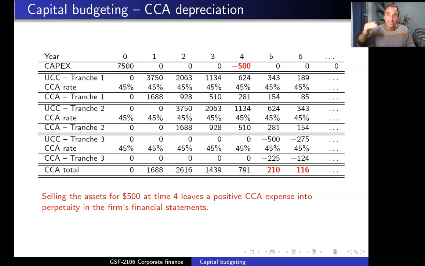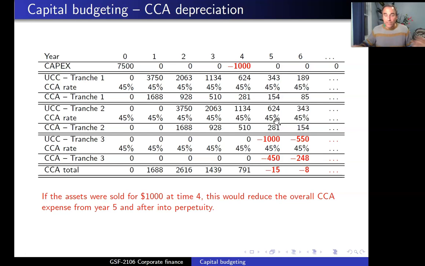$7,500 in assets will not continue to depreciate in the asset class, but on top of that, the size of the asset class will be reduced by more than the contribution of the assets that cost the firm $7,500 at time zero. Here's an example. Suppose the assets are sold for $1,000.